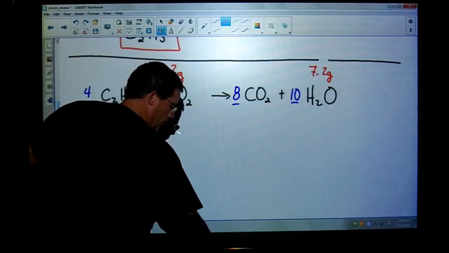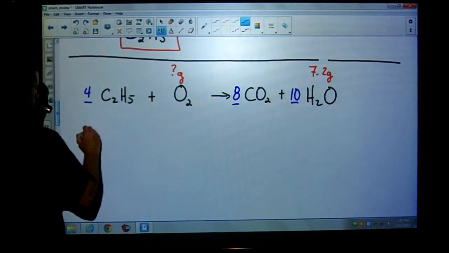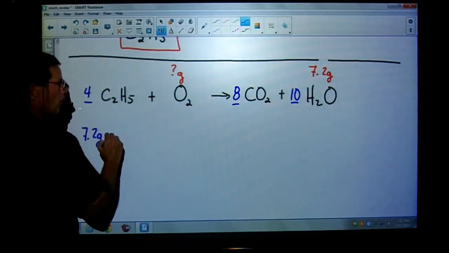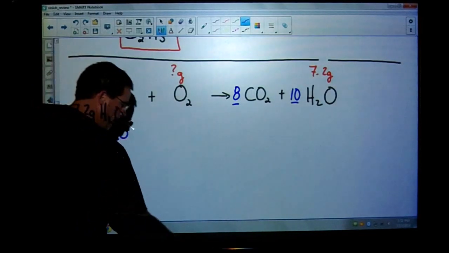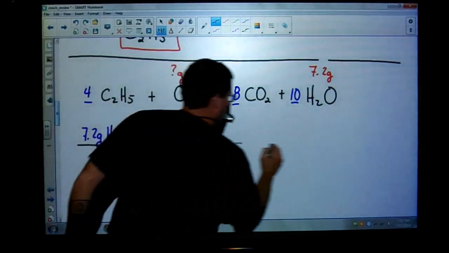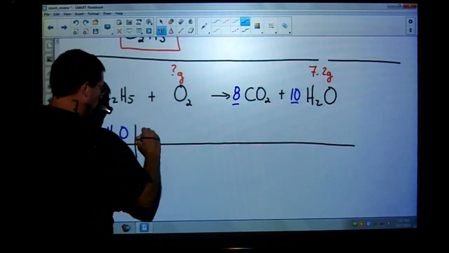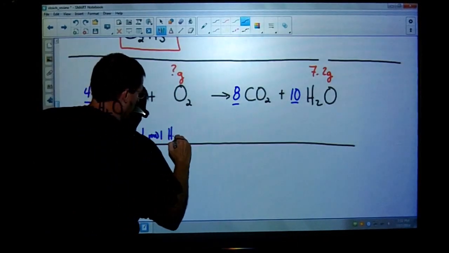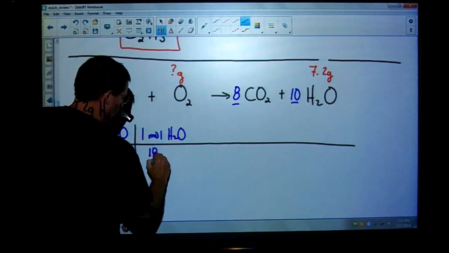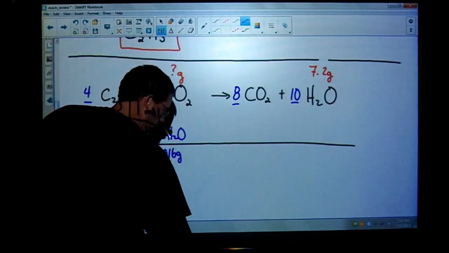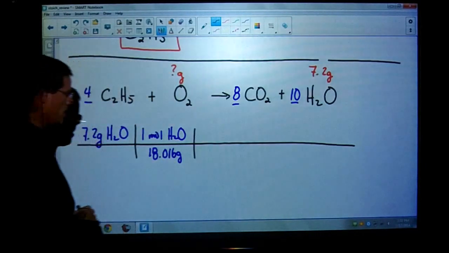We have 7.2 grams of water. And we'll change that into moles. So 1 mole of water is equal to 18.016 grams. Notice how I get really specific now.